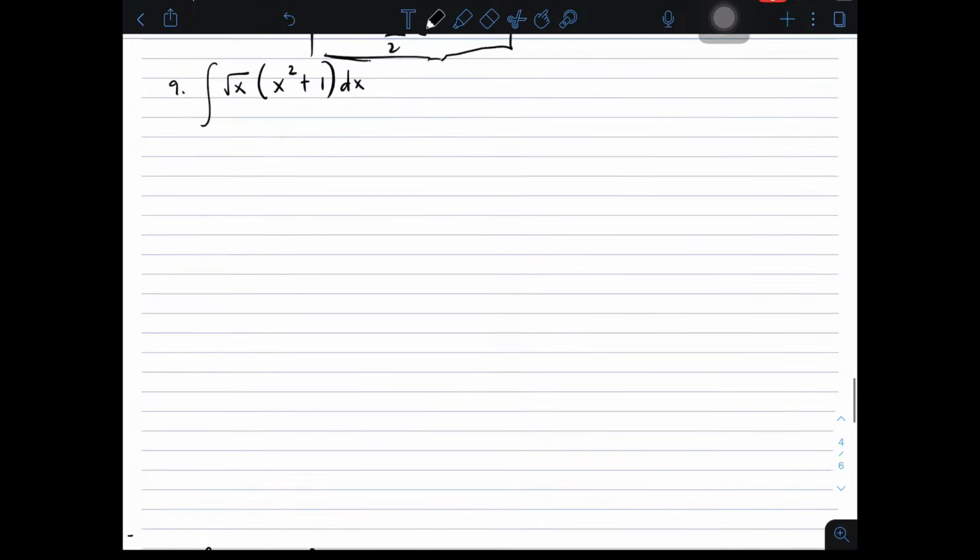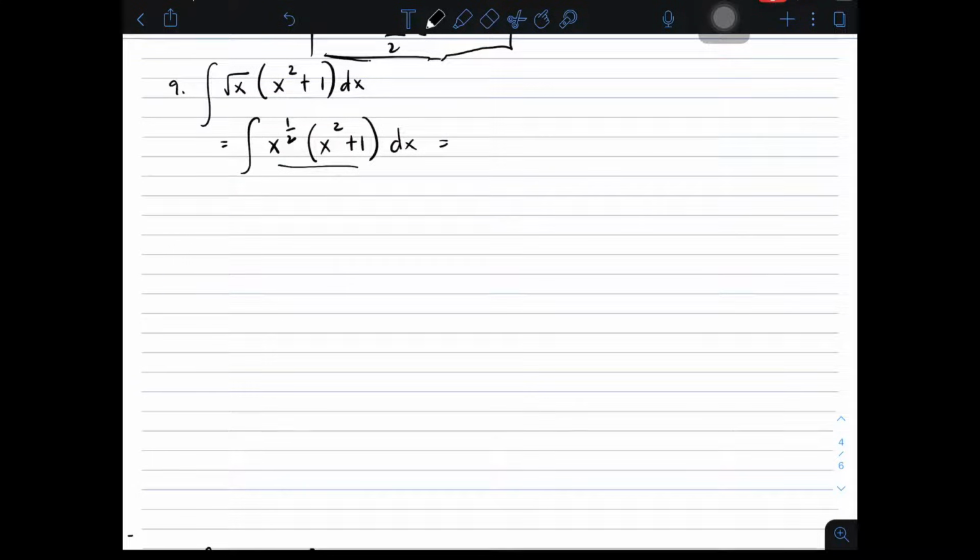For item number 9, we have the integral of the square root of x times x squared plus 1 dx. So, ang gagawin nyo dito, pwede nyo i-write yung ating expression bilang the integral of x raised to 1/2, convert natin bilang exponential, times x squared plus 1. And then, dx. Simplify mo na lang. You can multiply these expressions.